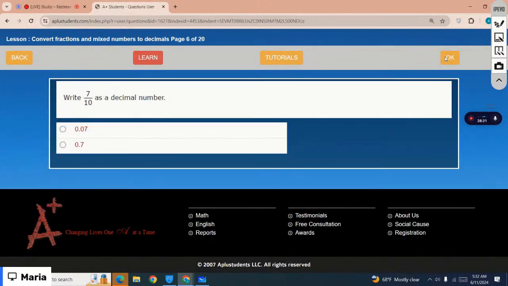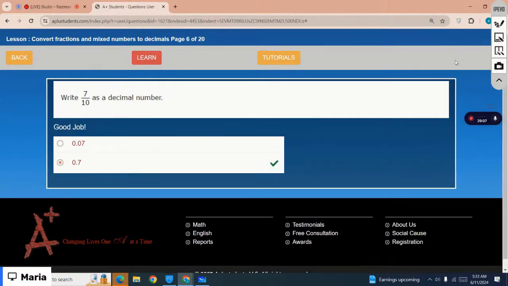Write 7 by 10 as a decimal number. So which is the correct option? The correct option is 0.7.